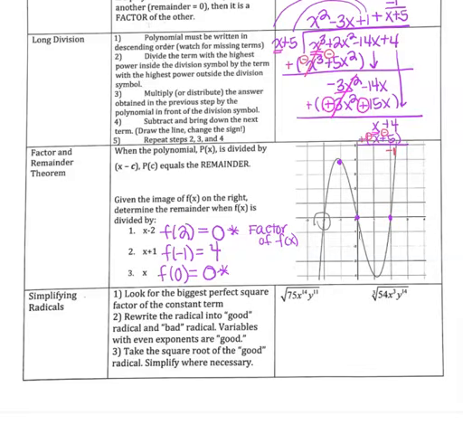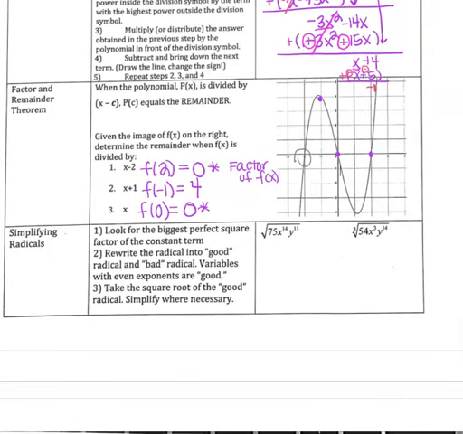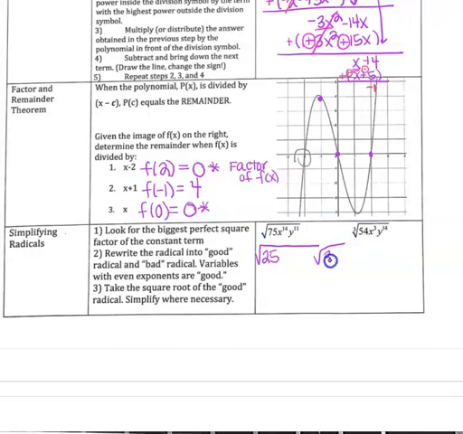All right, something else that we typically have to review is simplifying radicals. So remember, you're just breaking them up into good radical versus bad radical, so perfect square versus not perfect square. And then we simplify. Now, knowing your perfect squares or perfect cubes in the second example is going to be important. Starting with the perfect squares, I know I can break up 75 into 25 and 3.